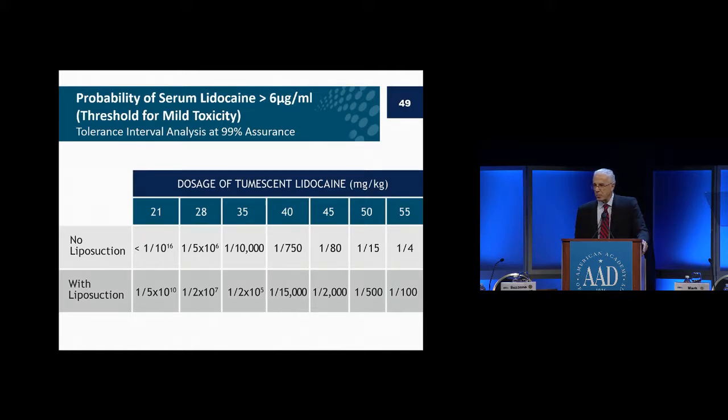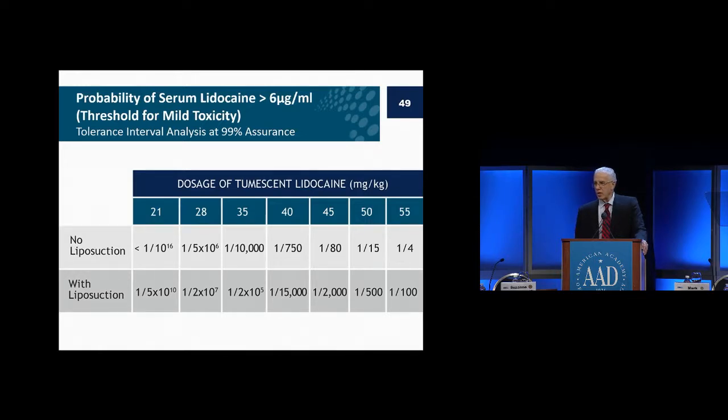Here with no liposuction, you see at 28 milligrams per kilogram, we could estimate the safe dose, the risk of exceeding 6 micrograms per ml, which is the toxic threshold for mild lidocaine toxicity. The risk is only 1 in 5 million at that dosage without liposuction. With liposuction at 45 milligrams per kilogram, the risk is 1 in 2,000.